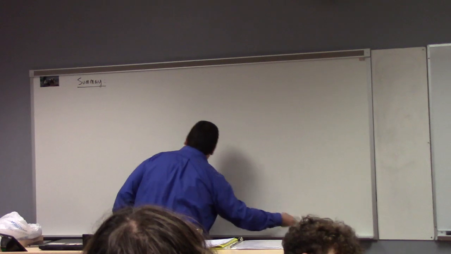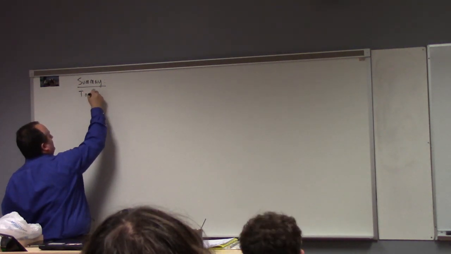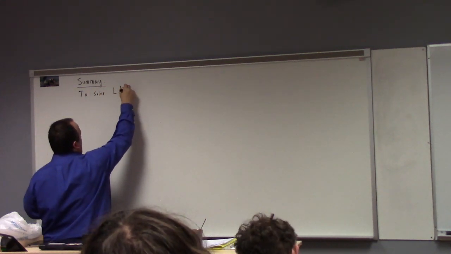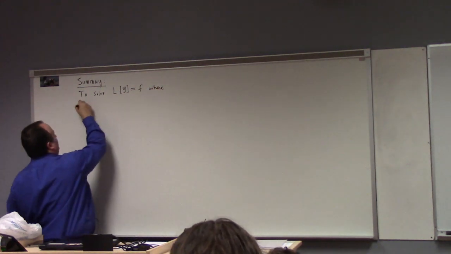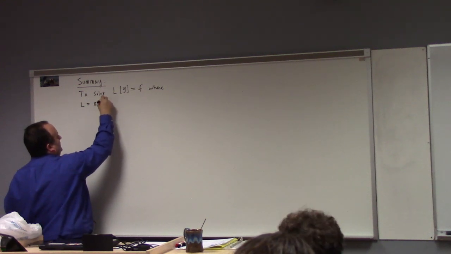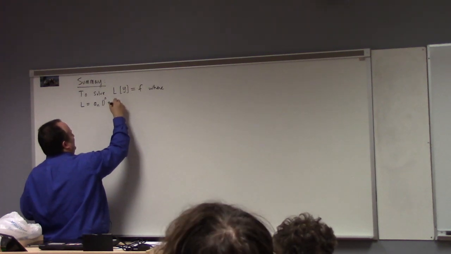All right, so to solve L of y equals f, where, remember, L is equal to a_n D^n plus a_(n-1) D^(n-1) plus ... plus a_1 D plus a_0. I'm changing the notation now, guys, because it's driving me nuts.